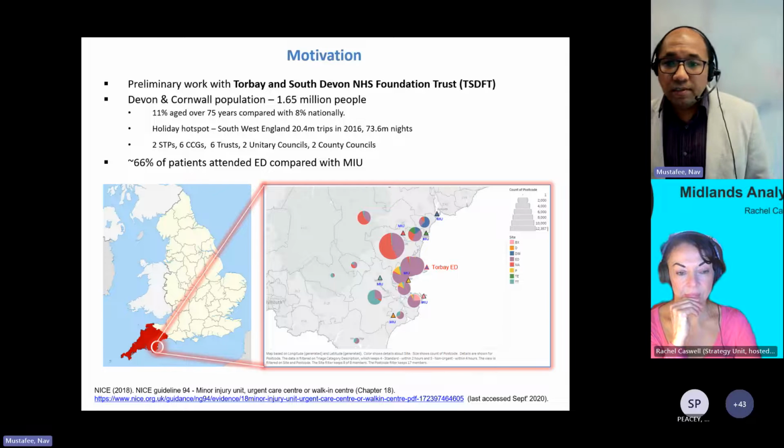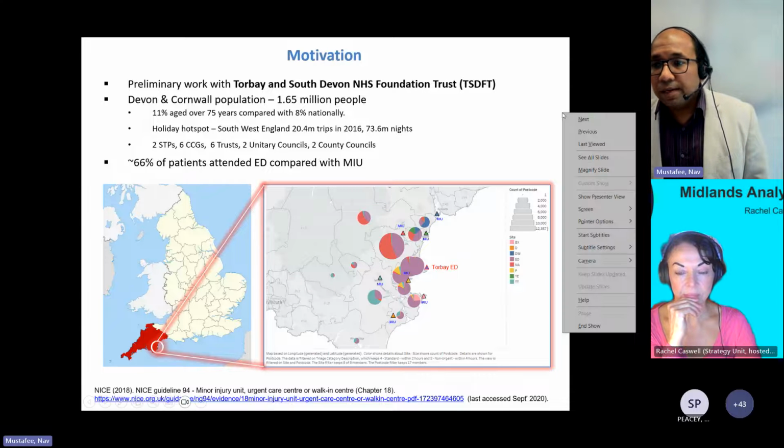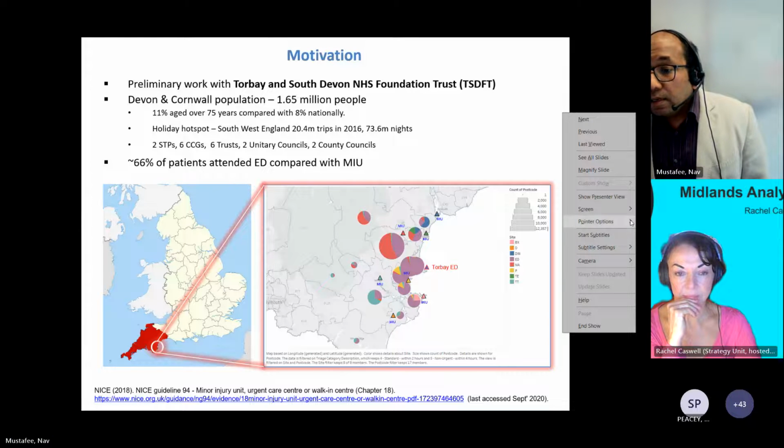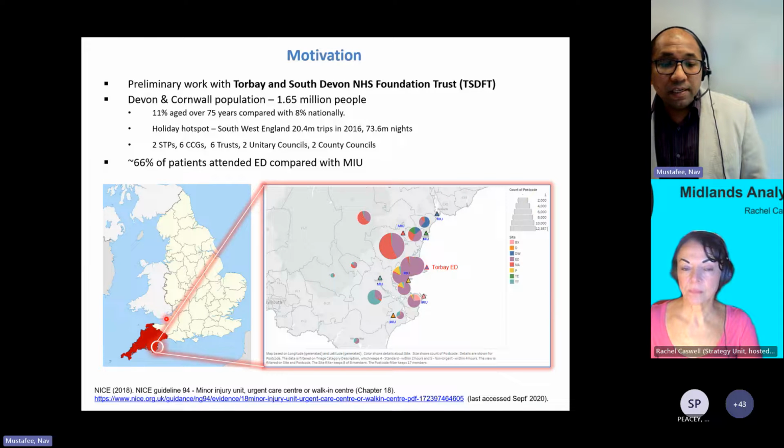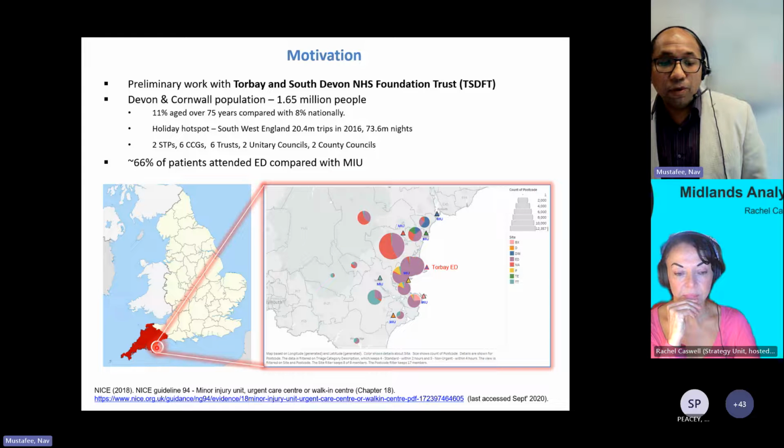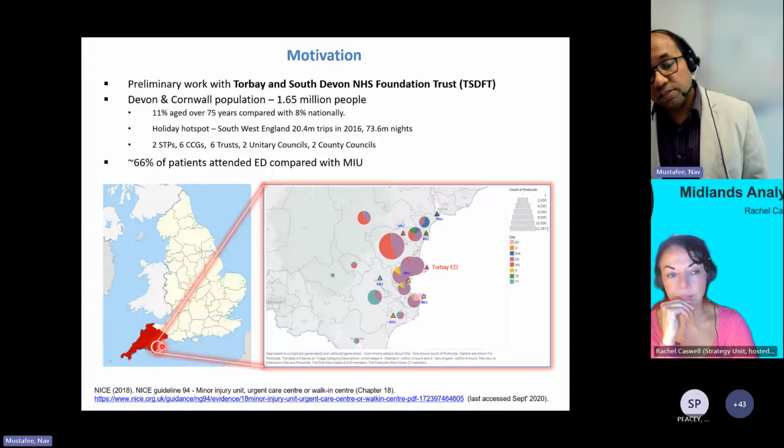What you see on the screen, maybe I can bring my pointer. Obviously, here, on the left-hand side, this is Devon and Cornwall. I'm highlighting the area under the Torbay and South Devon NHS Foundation Trust catchment area.